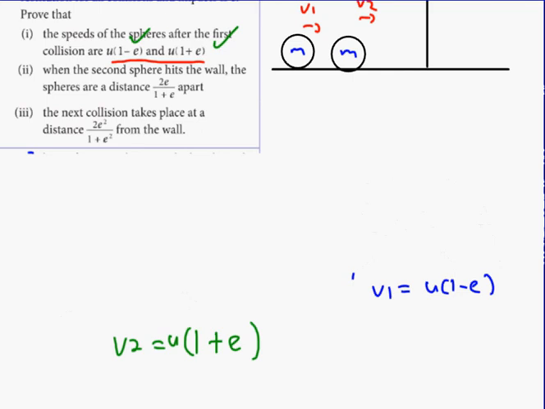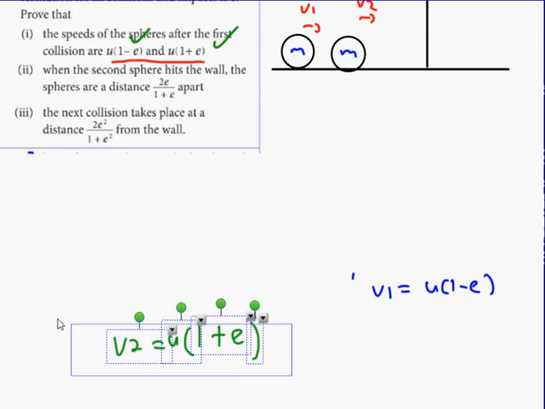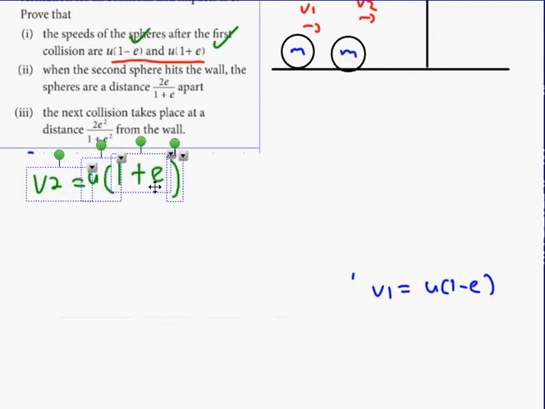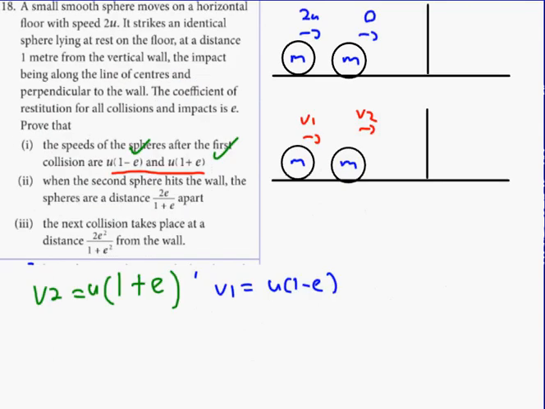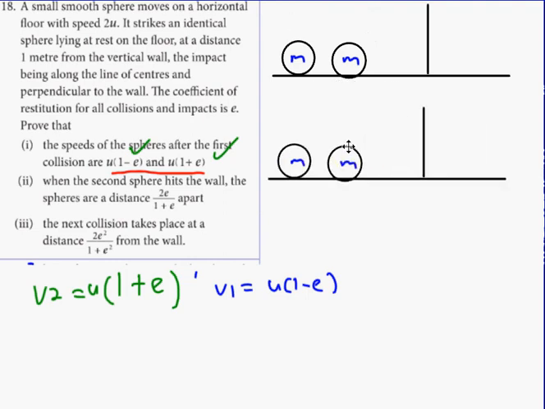Okay, so what happens is it's currently going with a speed of u times 1 plus E towards the wall. It has exactly 1 meter to cover.